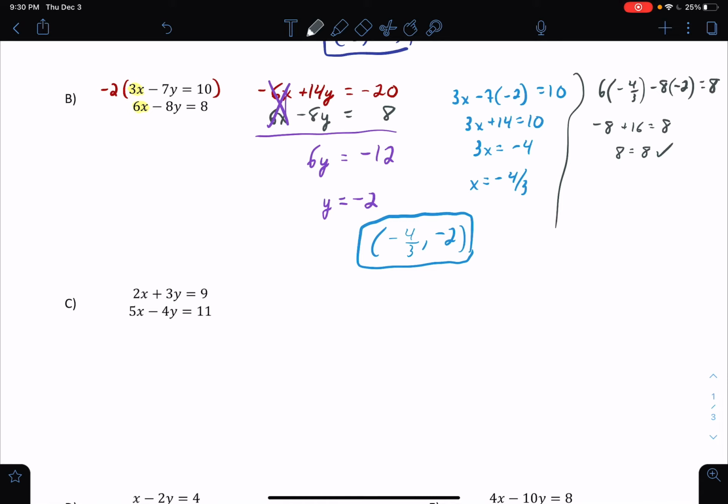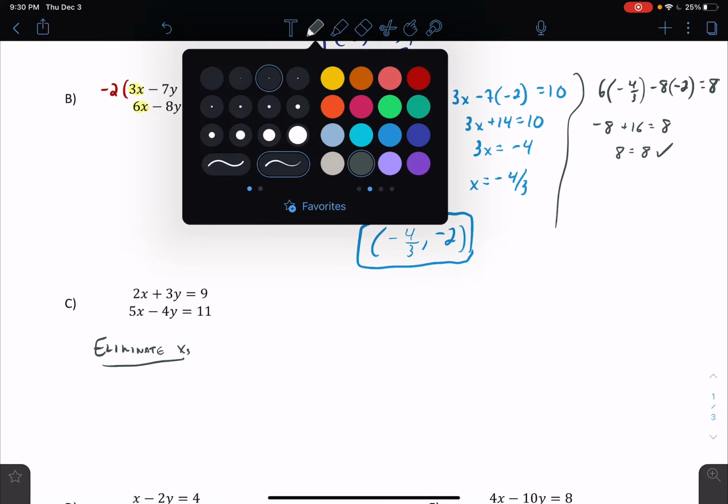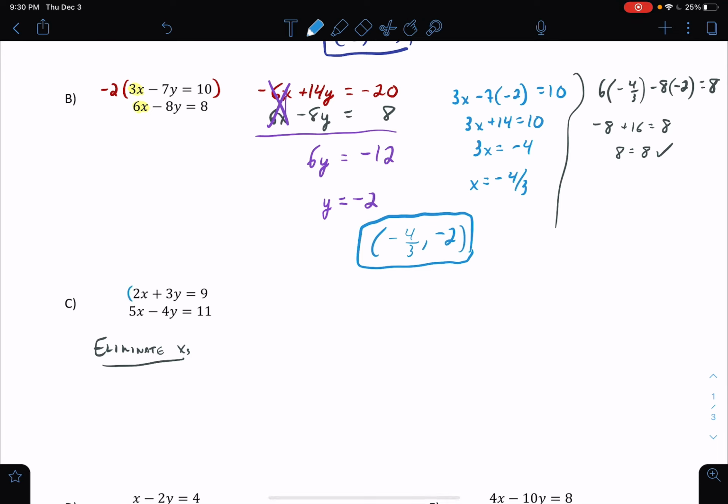All right, so you have to decide what do you want to eliminate, the x's or the y's? And then your goal is to get opposite coefficients there. Okay, so if we wanted to eliminate the x's, what do 2 and 5 both go into? Well, they both go into 10. Okay, so I could multiply the top equation by 5 and the bottom equation by negative 2.